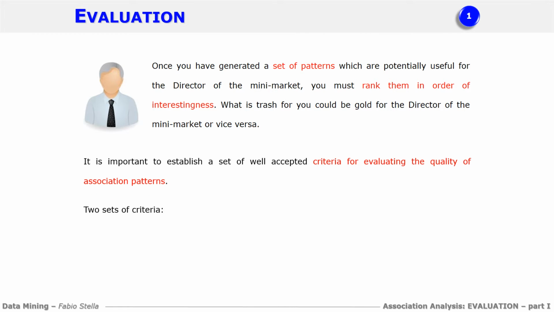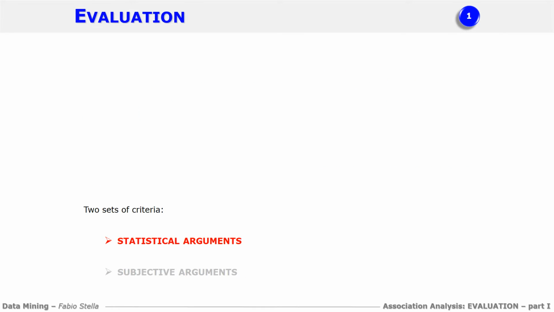In the specialized literature, usually two sets of criteria are presented: criteria based on statistical arguments and criteria based on subjective arguments. We start by focusing our attention to the set of criteria based on statistical arguments.